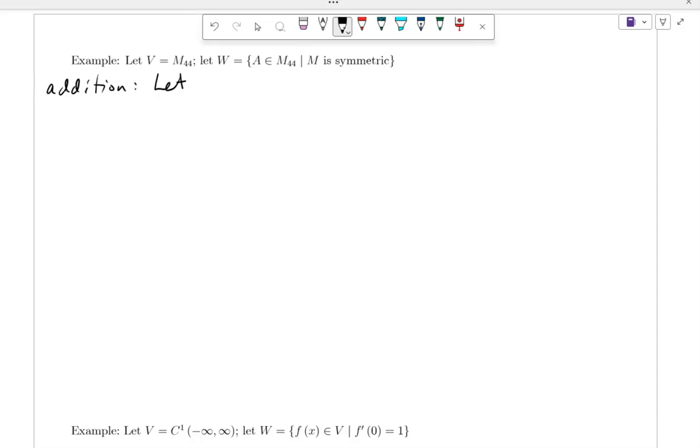What letters do you want to use for the matrices in W? A, sure. Good. Let's let A and B be in W. What's the defining characteristic for being in W? It's symmetric, right?